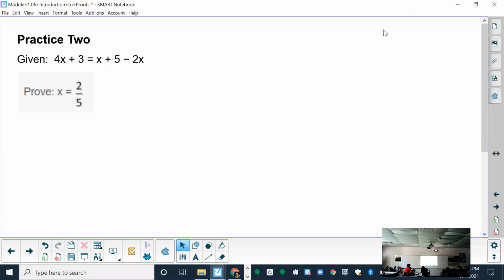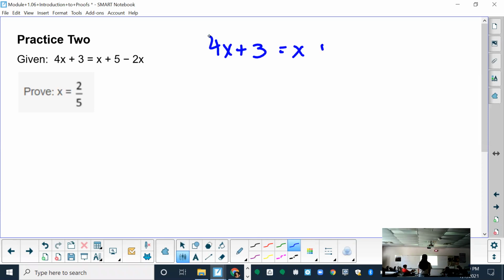All right, so for practice 2, practice 1 is really similar to the one we just did. So you can look at those steps that we did together. The practice 2 given is this first one, right? So that's what we're given. And you are going to want to first check each side of the equal sign if you can simplify it anymore. On the left side, you cannot simplify it anymore. There's no like terms there.